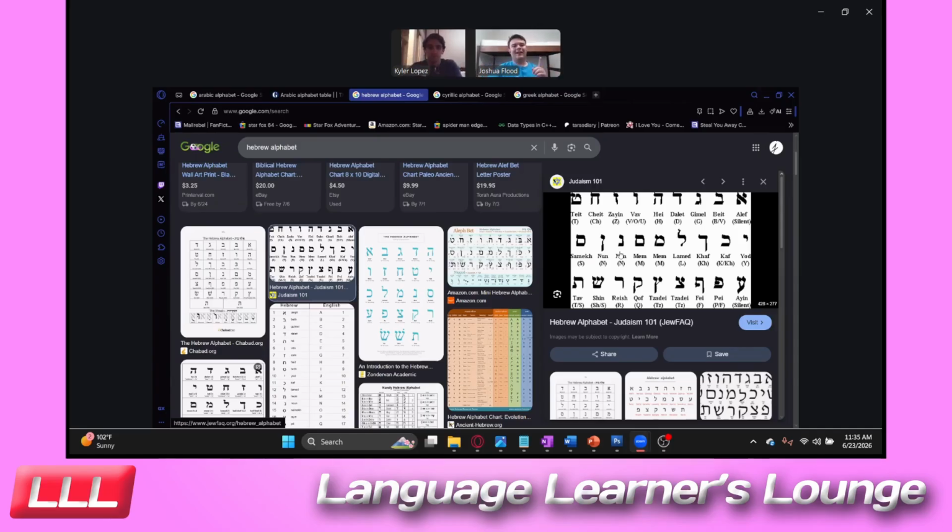Something that I learned in one of my religion classes: when you learn about Judaism, obviously it's heavily Hebrew, it uses a lot of the Hebrew alphabet and language.